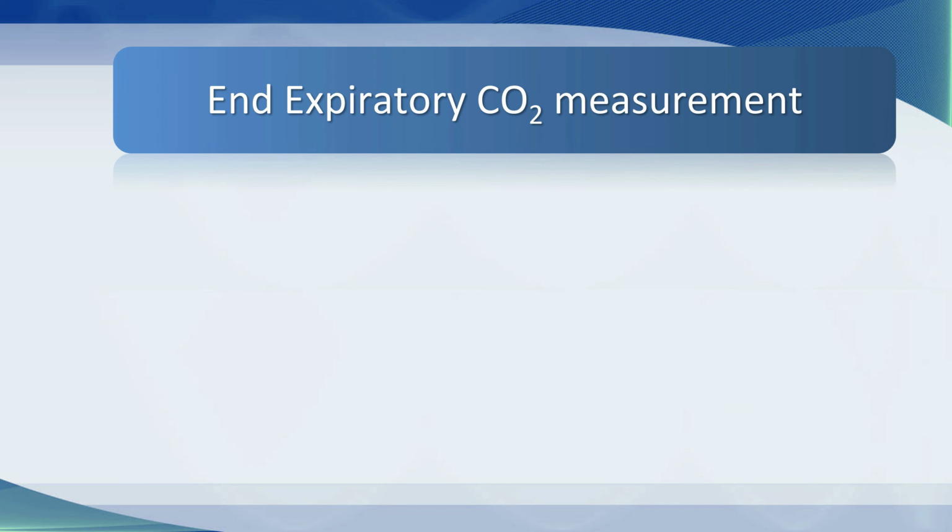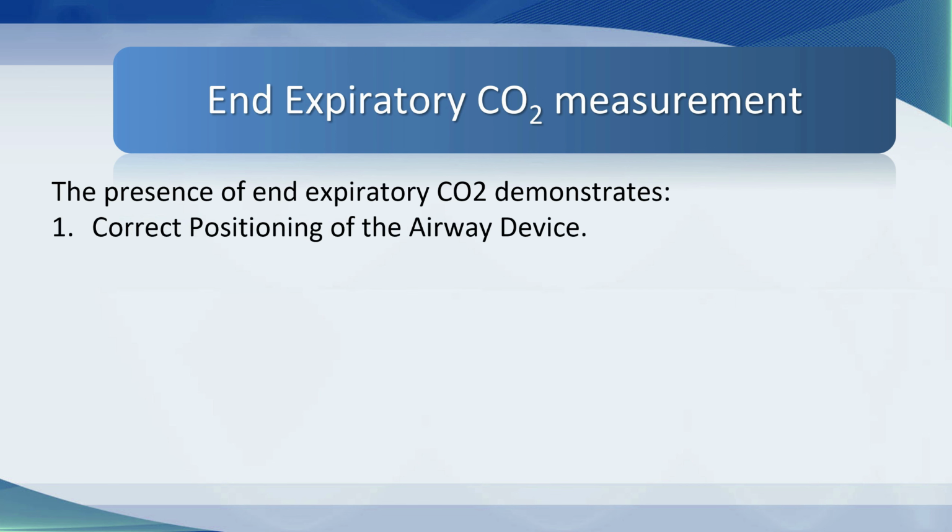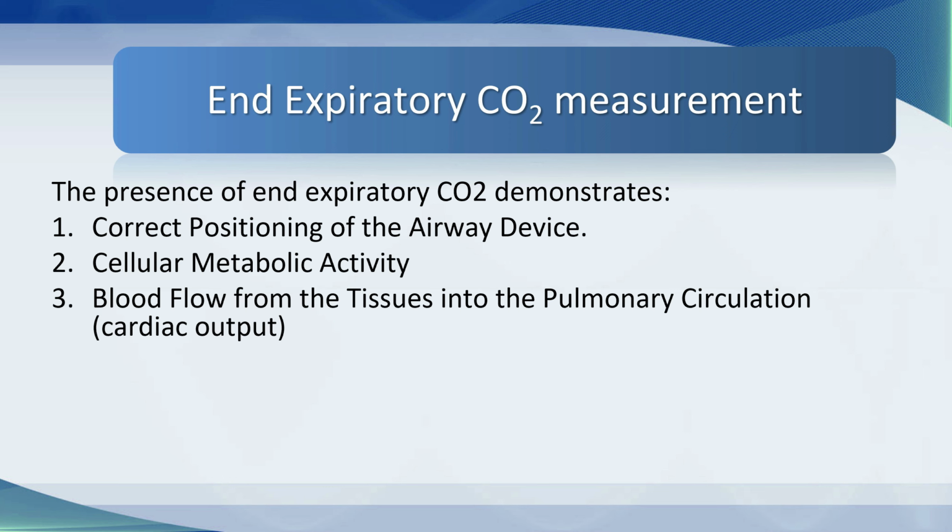But there is so much more to measuring end-tidal CO2 than confirming tube placement. Okay, so you can confirm the position of the airway device, but it also gives you information about cellular metabolic activity. Without cellular metabolic activity, there's no carbon dioxide. But for the carbon dioxide to travel from the cells to the lungs, there must be blood flow or cardiac output.